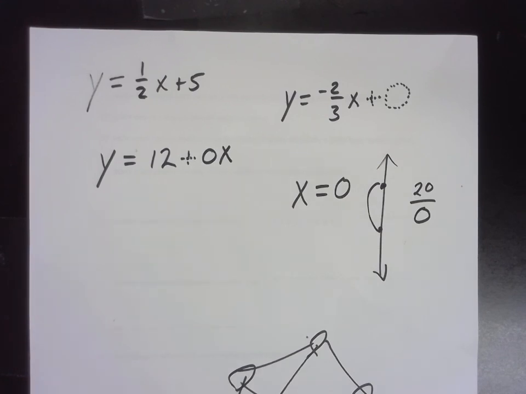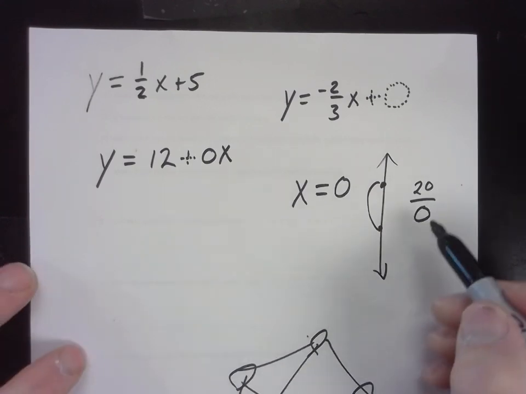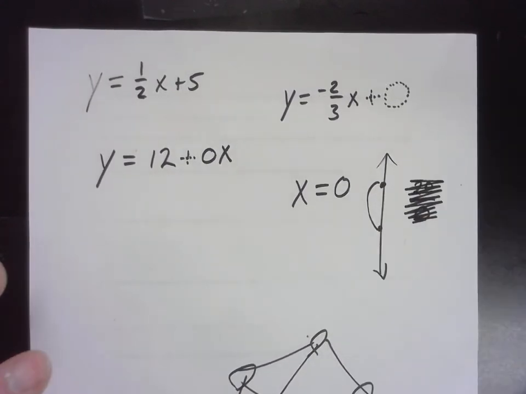No, we can't divide by 0. That doesn't make any sense. Okay, it's meaningless. So there is no slope on a vertical line. The slope is undefined. Okay, to actually get vertical, you have to go up a certain amount and then over 0. So you're dividing by 0. So the slope on every vertical line is undefined.